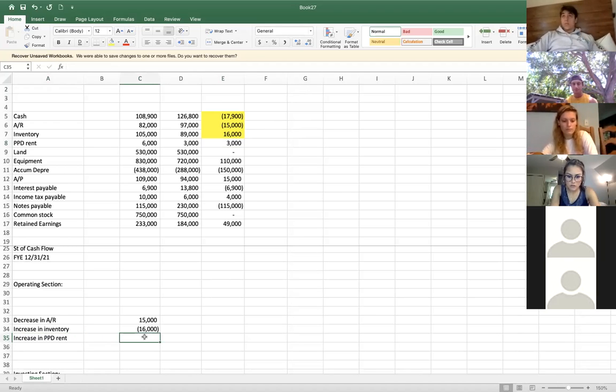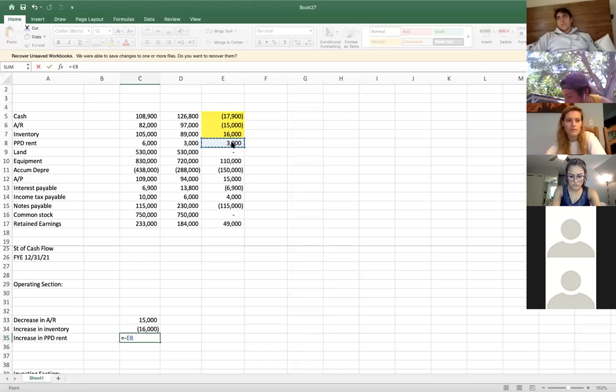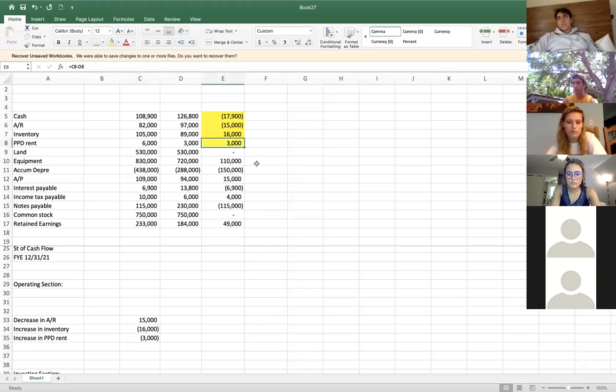Now, if my asset prepaid rent increased, is that an outflow or an inflow? If an asset increased, it's an outflow, good, because it used cash in order to make that asset go up. So I've got an outflow of $3,000. So now we've accounted for the change in prepaid rent.